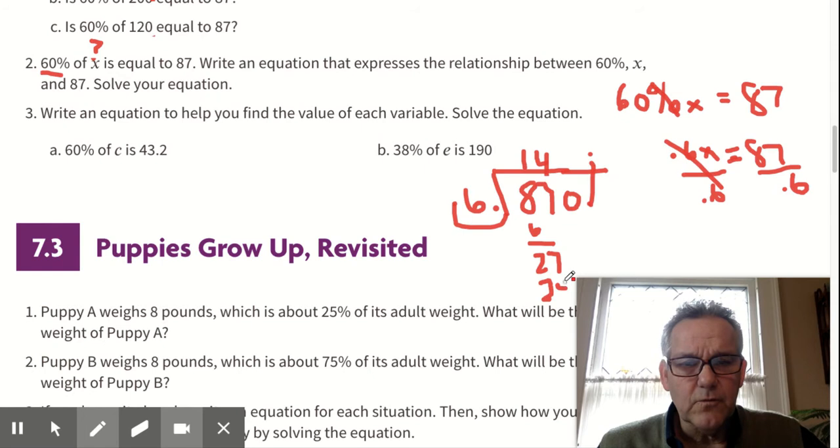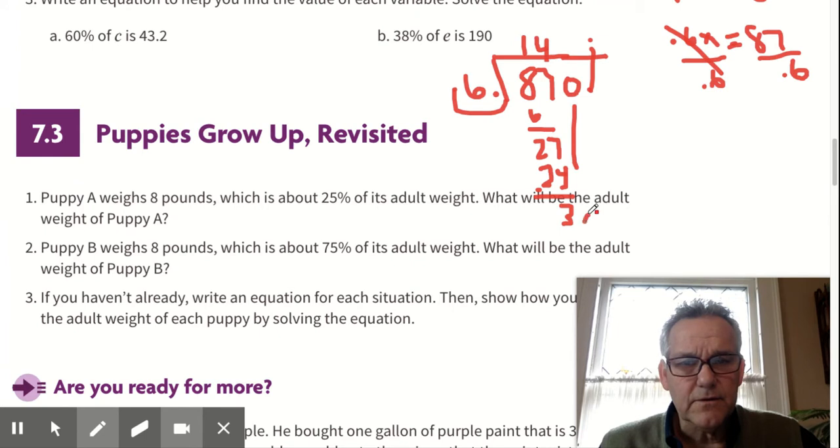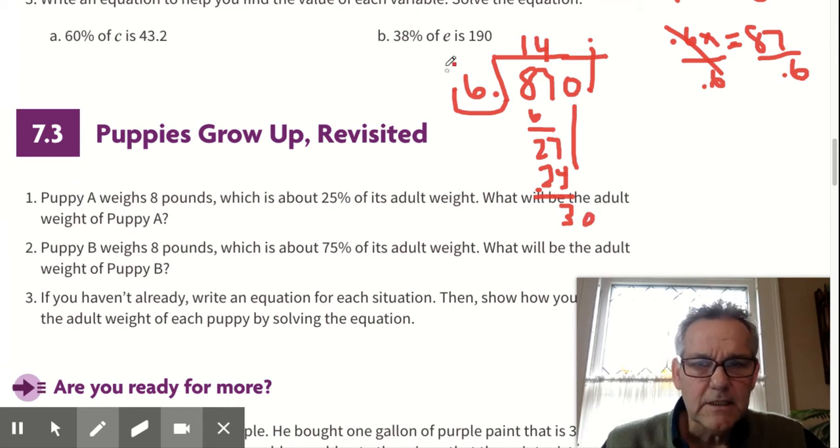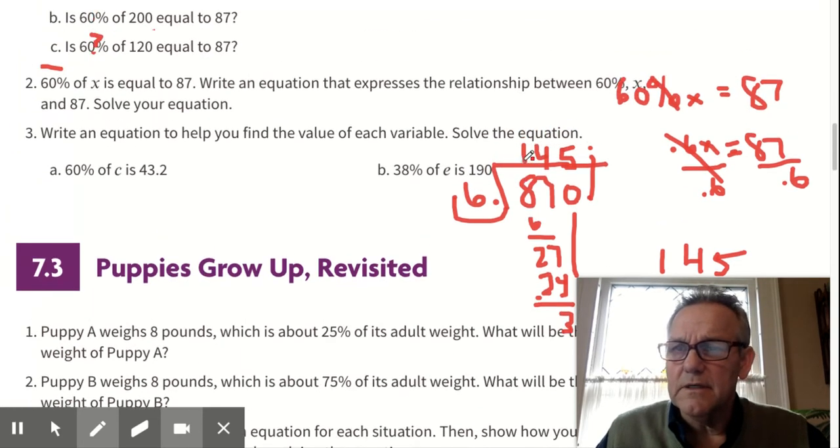That's 24. 3 times. And I have to buy some more space here, boys and girls. Okay, so we have 30. Oh, isn't that nice? Prep for success. 6 can be subtracted from 30 5 times. So the number I come up with is 145. 145, and that's for number 2.